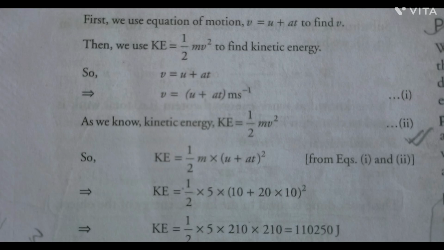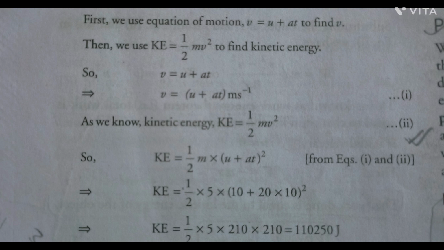Now we have got an equation of motion to get v, which is equal to u plus at. Thus, we can use the value of v in KE, which is equal to half mv square, to find the kinetic energy.